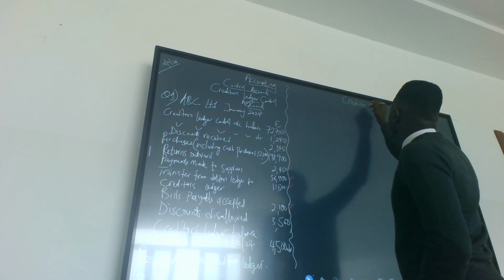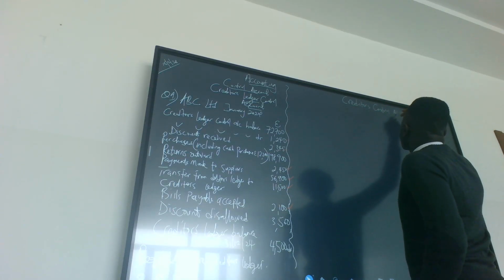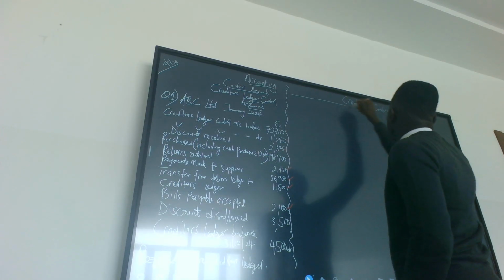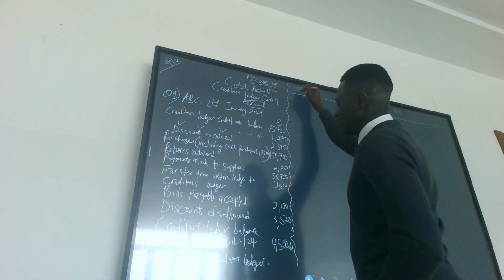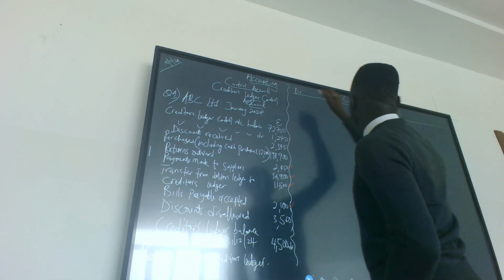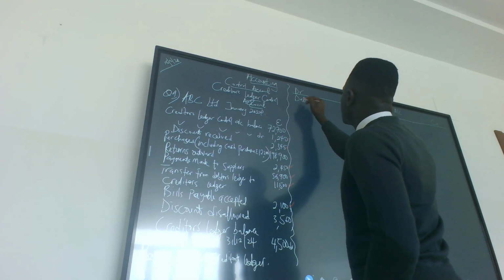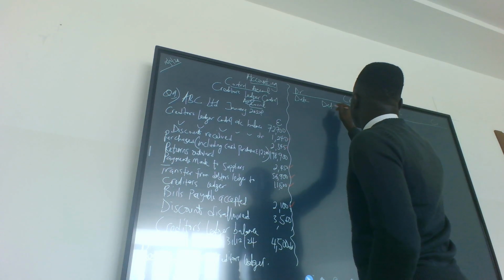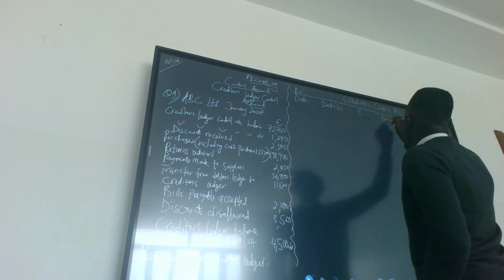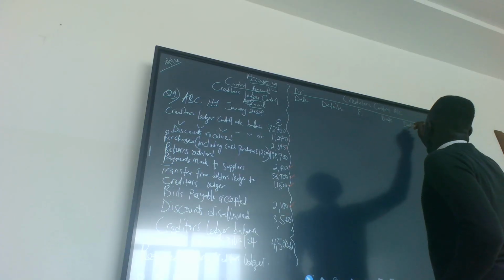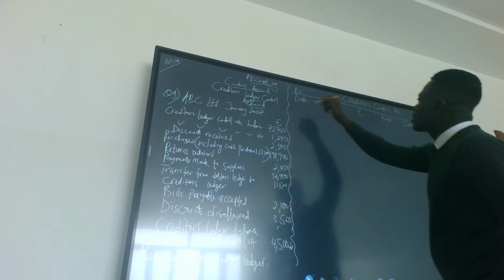On the debit side and the credit side, we have date, details, and the amount.